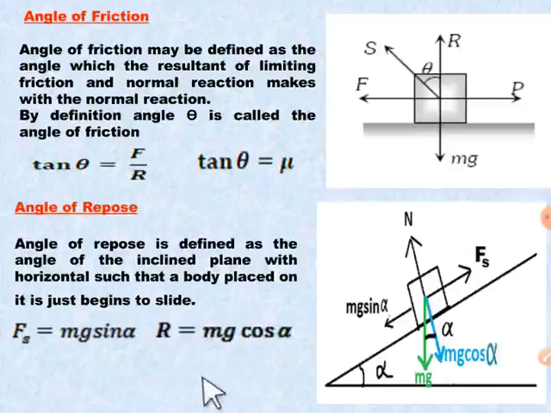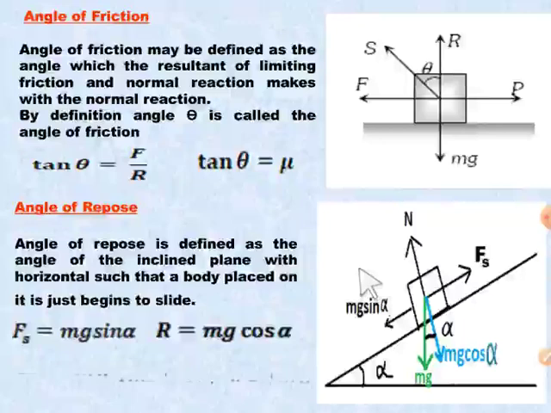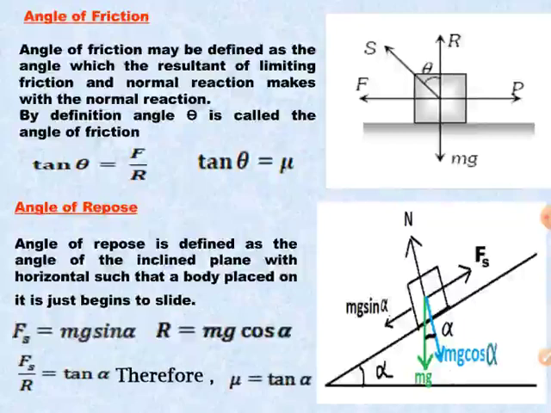So tangent of alpha equals Fs by R, which is similar to the earlier one. When we do the experiment very carefully, the angle of friction and the angle of repose are almost the same. So Fs by R is tangent of alpha, and mu equals tangent of alpha.